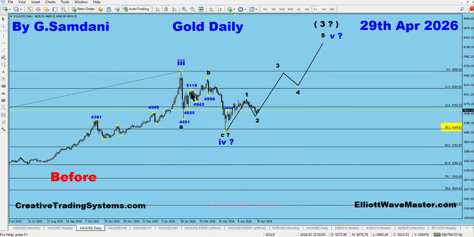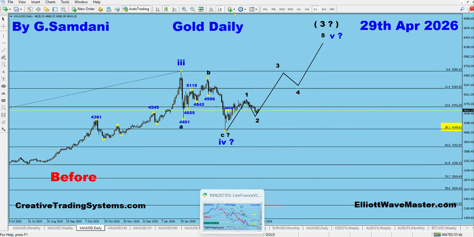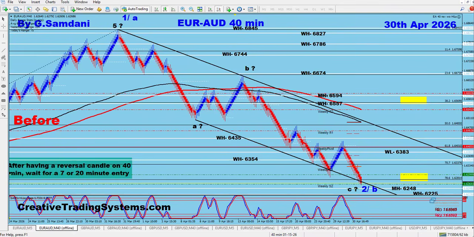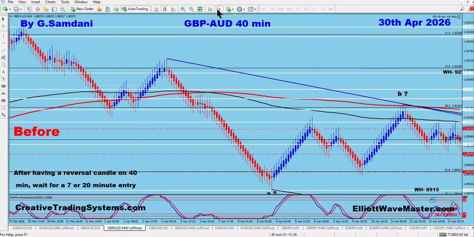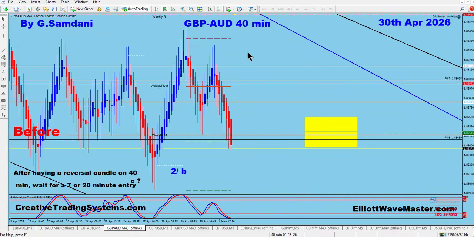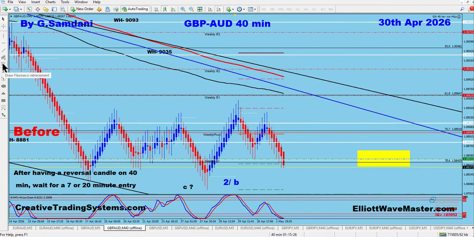And if you like what you saw, you want to learn how to do this Elliott wave, harmonic pattern, all of that. By the way, just like Pound Aussie, for example, let me show you. I'll give you a nice setup as well. See, this one is also at the end of the down move, making a beautiful bullish Gartley pattern. That's the harmonic pattern, Gartley. The calculation and everything is perfect.